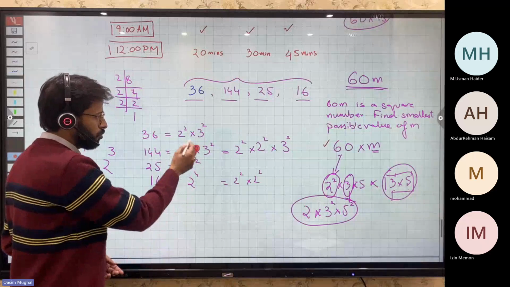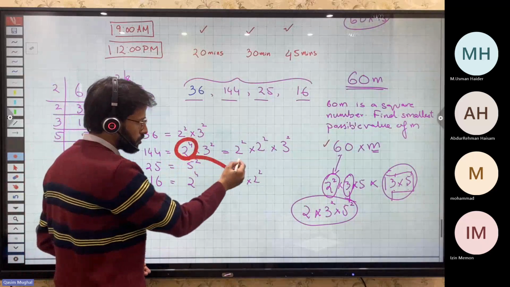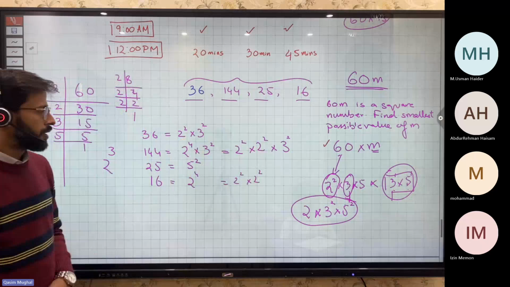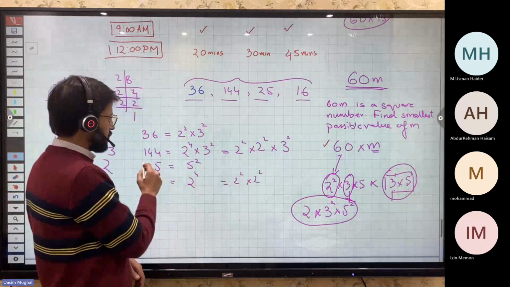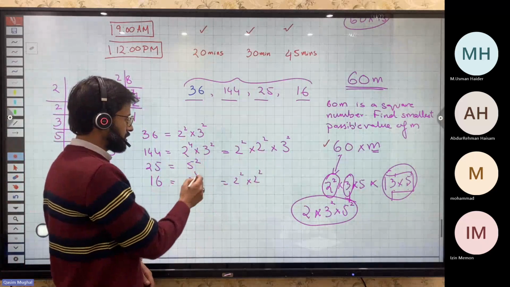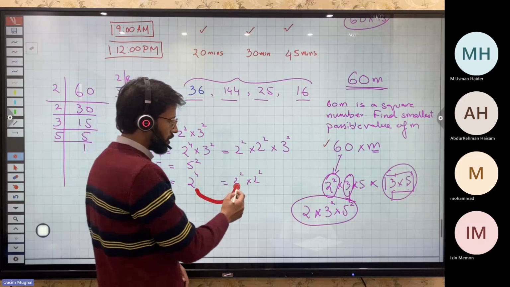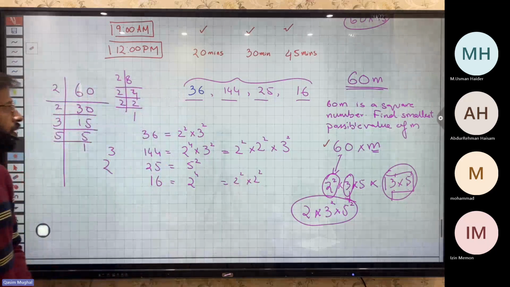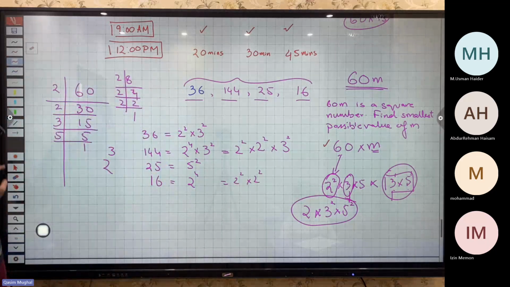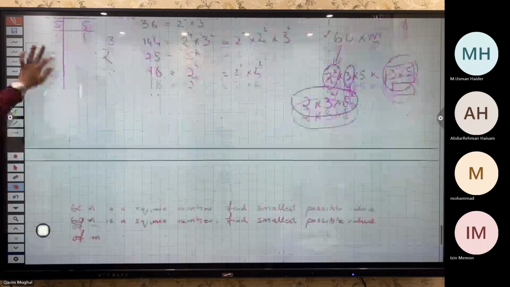Even if this is 2 power 4, you can write it as 2 square into 2 square, and then 3 square. 25 is 5 squared. 16 is 2 power 4, which I can write as 2 square into 2 square. So you obtain basically a group of squares.